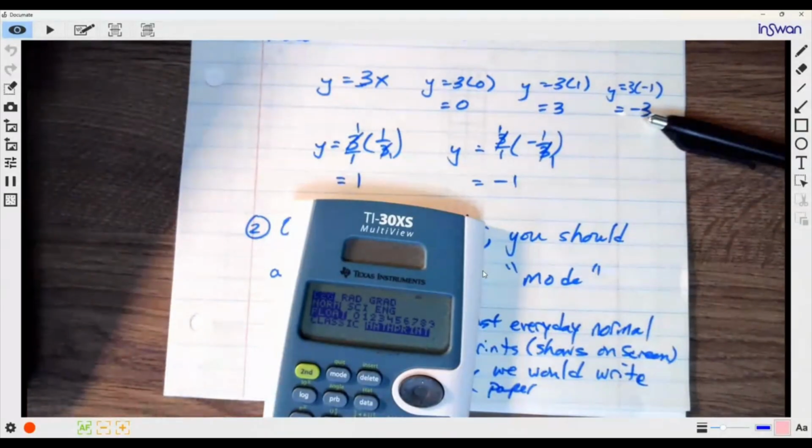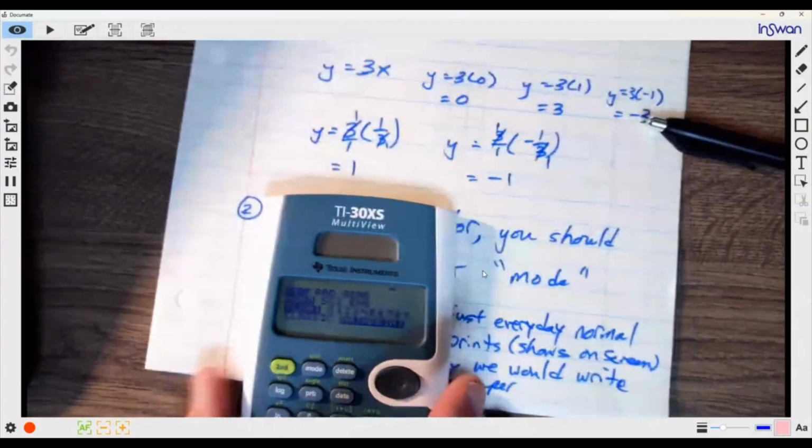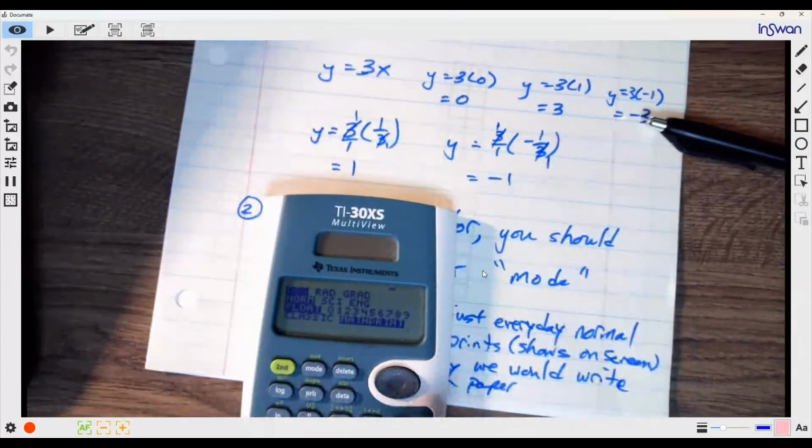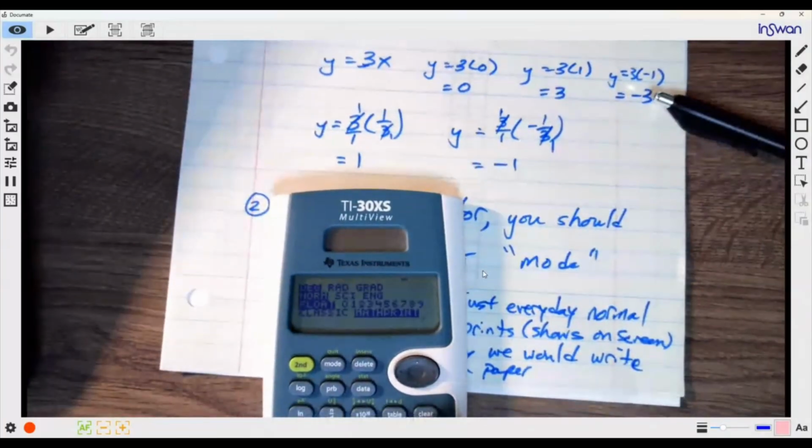For what we are going to be doing today, you can have it on either one. Most people usually leave it on math print, at least for most of what you're going to do.